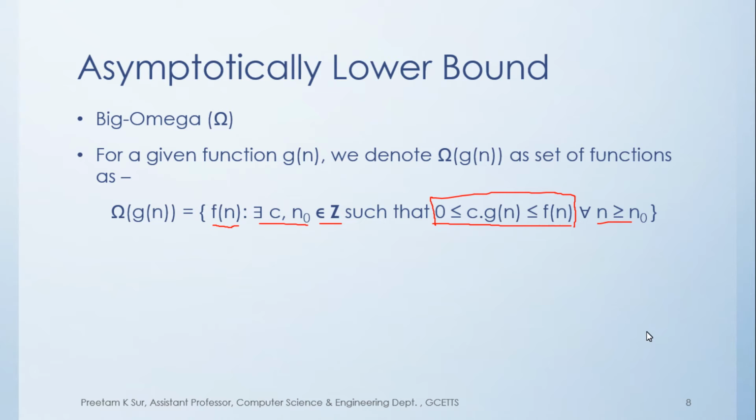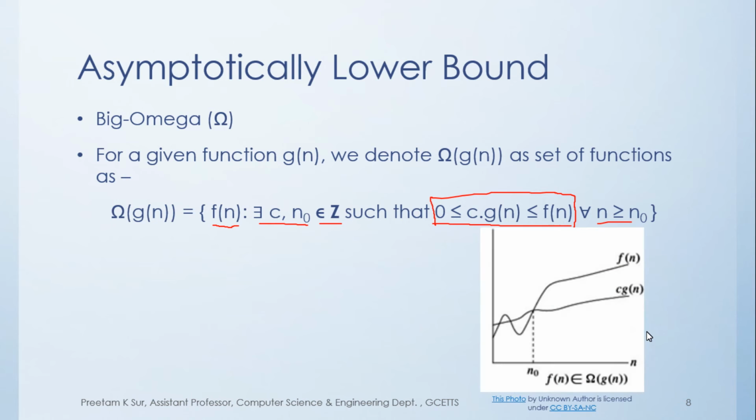If you try to understand it using a graph, that will be better to comprehend. So we have a function f(n), and we have another curve, g(n) multiplied by c. Now you can see that from the point n becomes n0, the curve c into g(n) has never gone above f(n). So c into g(n) has always been below the original curve f(n).